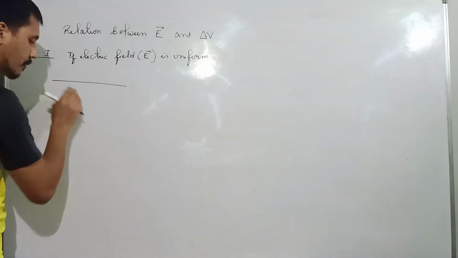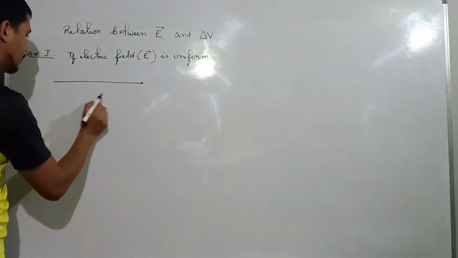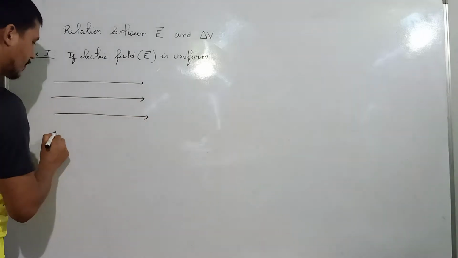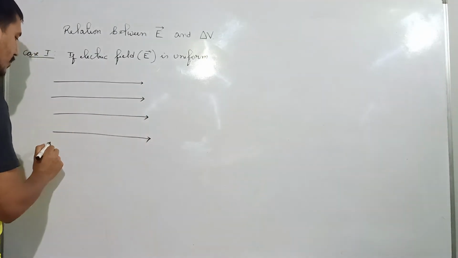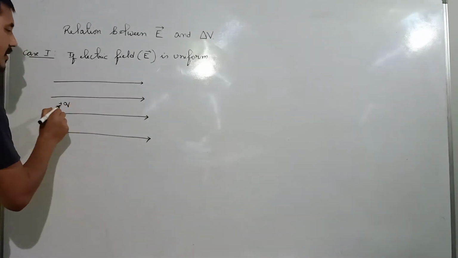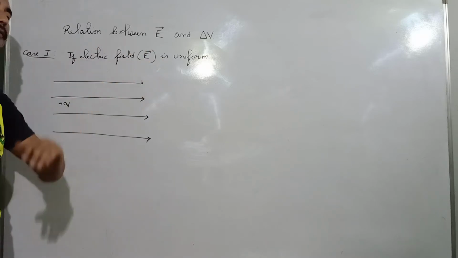Suppose this is your uniform field. I have discussed this one once before. If you place a positive charge inside this field, where will it go? In the direction of field.